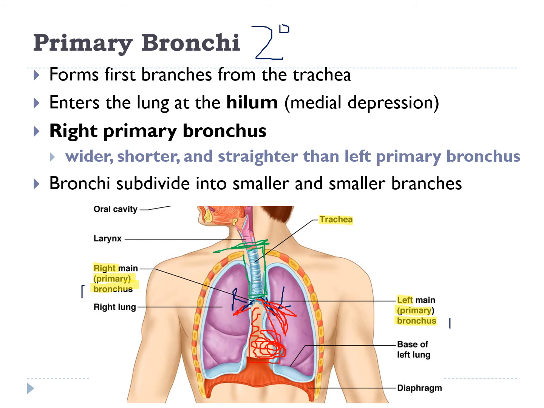So your left primary bronchus has to curve and go around the space that your heart takes up. Versus on the right side, where there's no heart, we see 3 lobes, because that space can be taken up by lung tissue. Versus on the left side, where your heart essentially, from an available space perspective, takes up the space of 1 lobe. So your left lung has only 2 lobes.